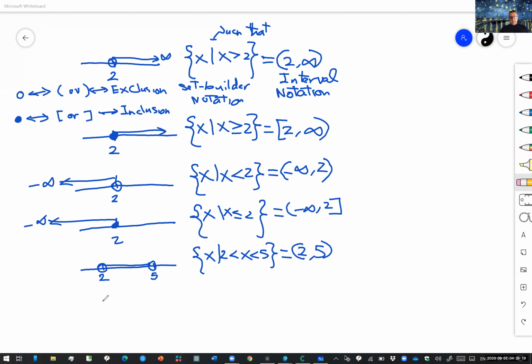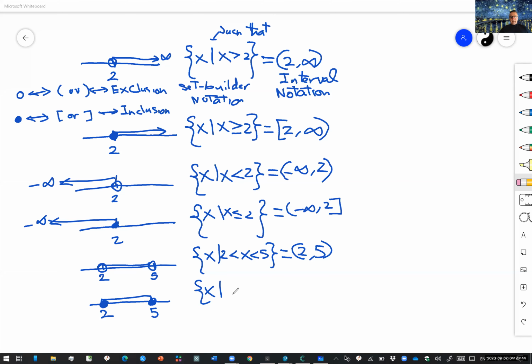What if both 2 and 5 are included? By the way, this is called an open interval. The one we're doing now is called a closed interval because it's closed on both ends. So first of all, what would change here?